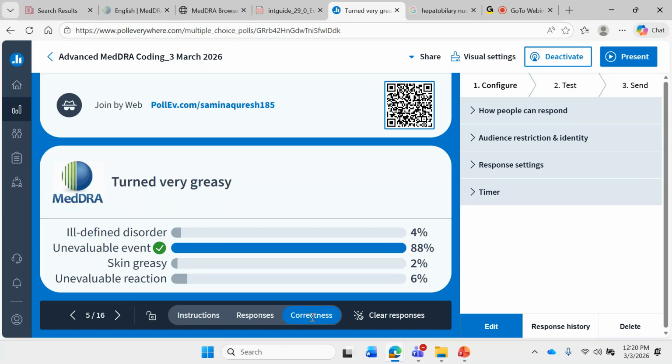So that's still unknown. The broadest term here is unevaluable event. Okay, and of course we don't know it's skin. For those of you who said 2% skin, it's not written in the report and we can't assume. Okay, so let's go on to another trick question.